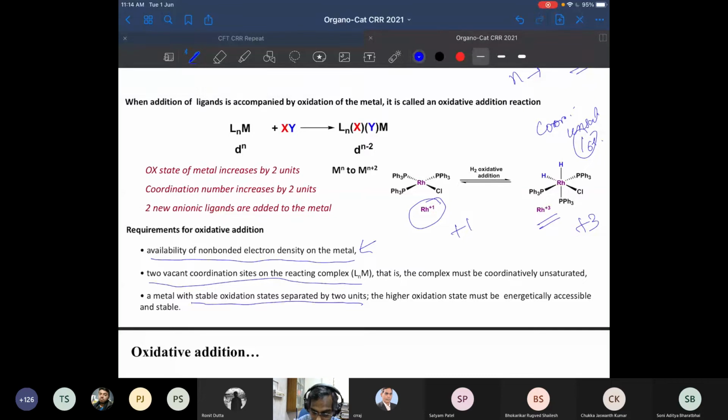For example, if I start with M plus 1 and oxidative addition takes place, it should go to M plus 3. But if this metal at plus 3 oxidation state doesn't exist at all, the oxidative addition reaction does not go. The oxidized species, after the oxidative addition, where the oxidation state increased by 2 units, should be stable enough.